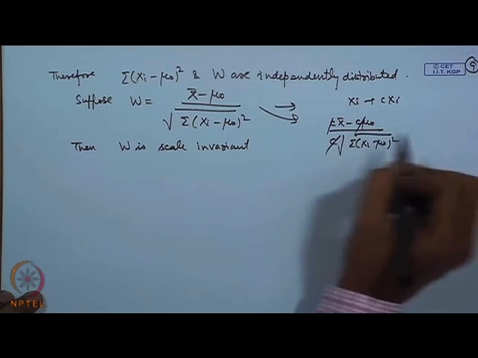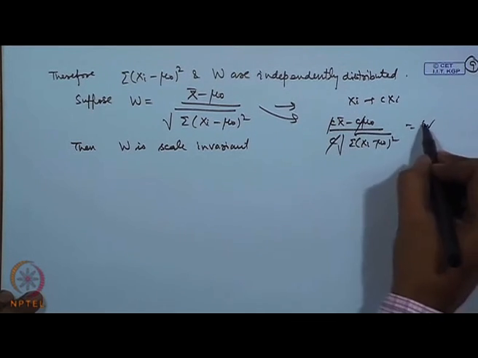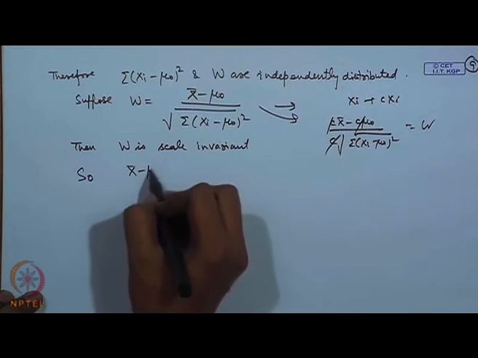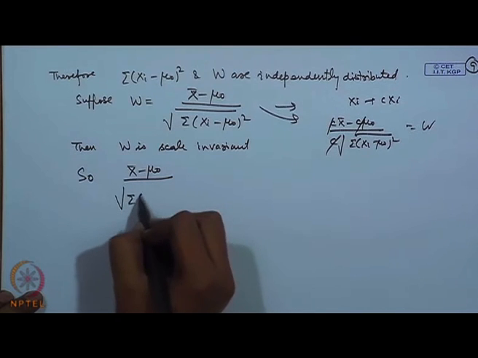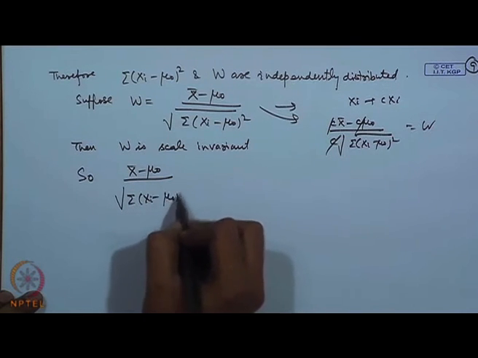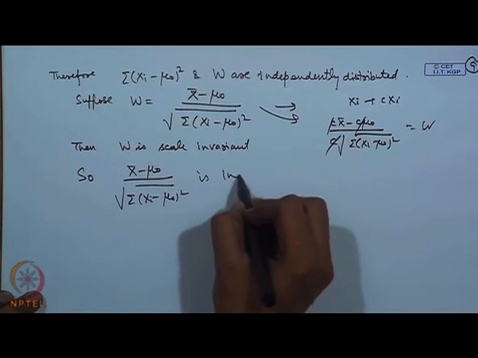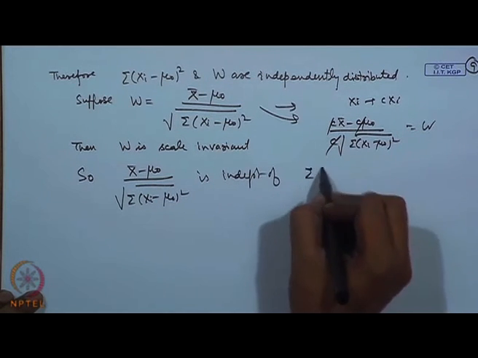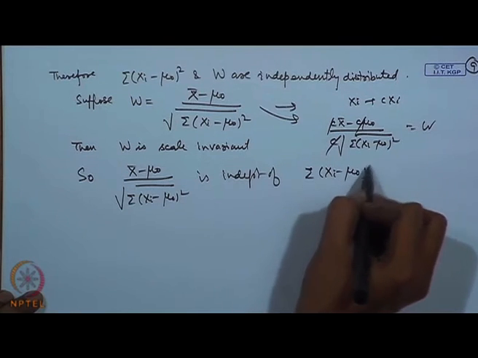So, this gets cancelled out and that is equal to w. So, this is scale invariant. So, x bar minus mu naught divided by square root of sigma x i minus mu naught square is independent of sigma x i minus mu naught square.